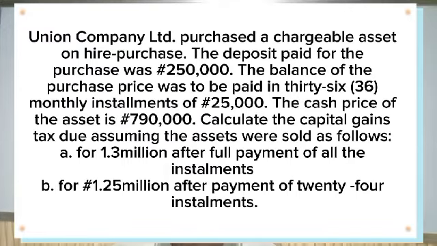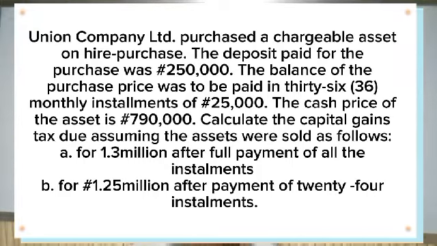The cash price of the asset is 790,000 naira. Calculate the capital gain tax due, assuming the assets were sold as follows. A, for 1.3 million after full payment of all instalments. B, for 1.25 million after payment of 24 instalments.